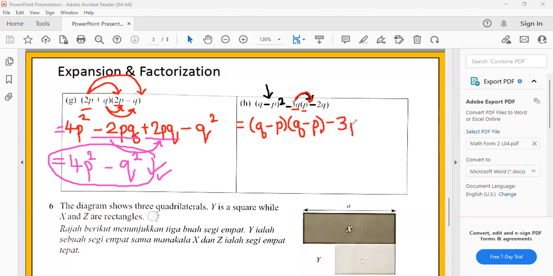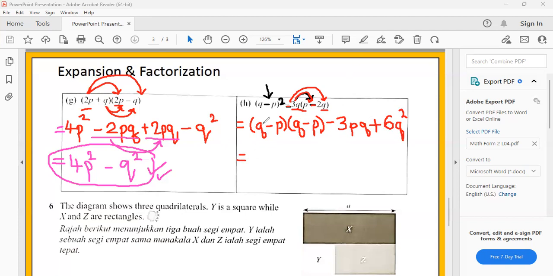And then minus 3q times negative 2q. So minus and minus, this will now change to become a positive. 3 times 2, you're going to get a 6. Q times q, you're going to get q squared. Did you get that?